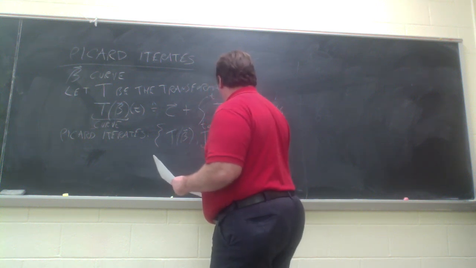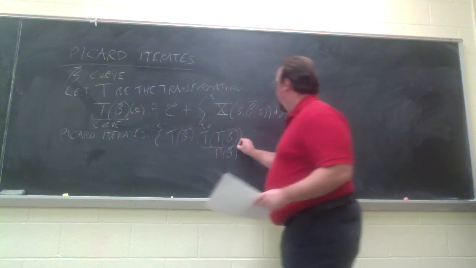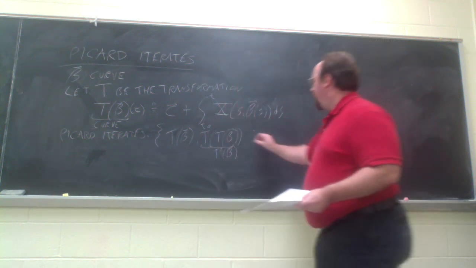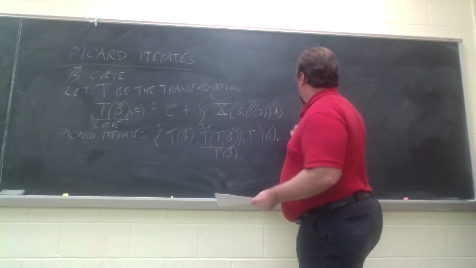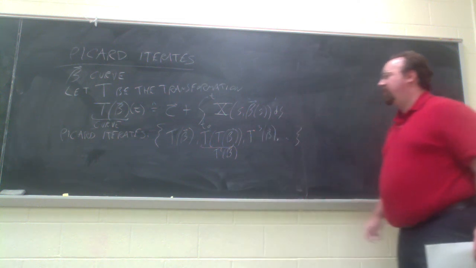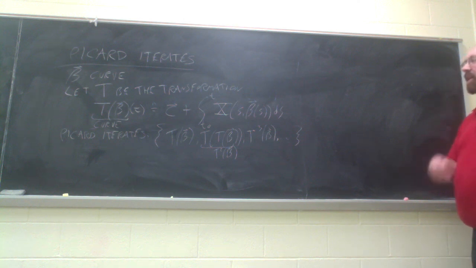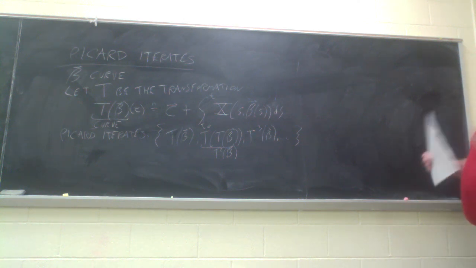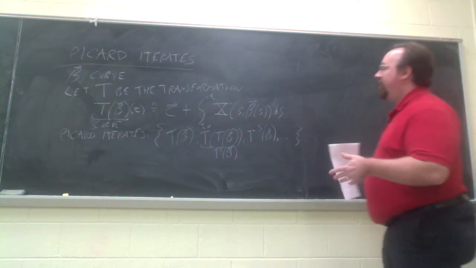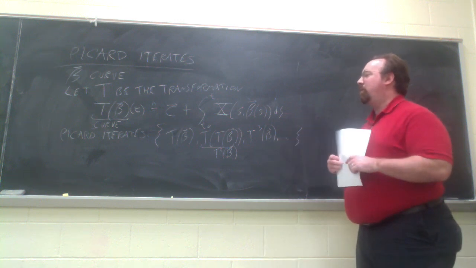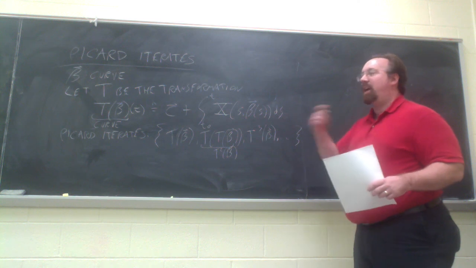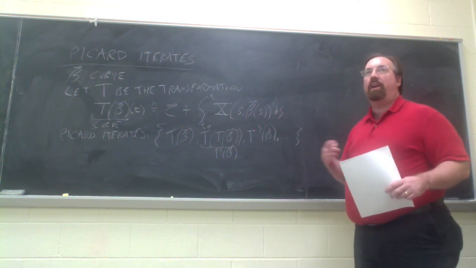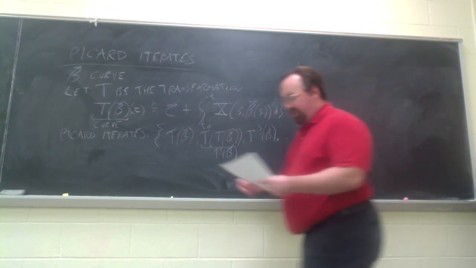So I'll use that notation to indicate applying the transformation multiple times. T cubed beta, and so on, all the way to infinity. So you're applying the transformation t repeatedly. And this is actually what we'll do. This is how we'll solve this system of ODEs. We'll come up with an initial guess for beta, our solution, and then we just keep applying t to it and hoping that it converges.